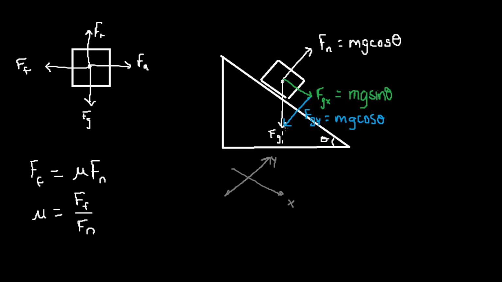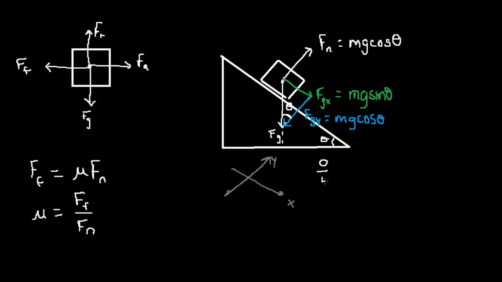Okay, so how we got these components: we can see that this F_g extends down. More importantly, we see that this theta here is created because the green, blue, white triangle that you can see here is similar to this smaller triangle right here. What that means is that this is the opposite side, the F_gx.